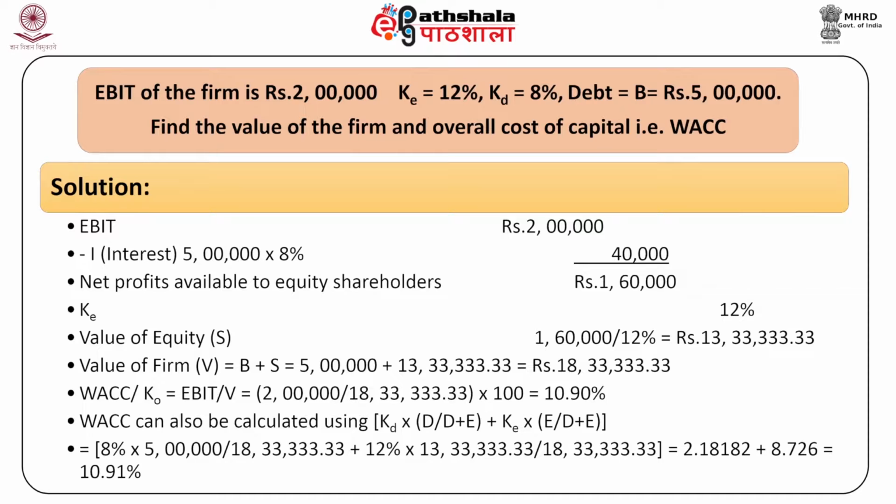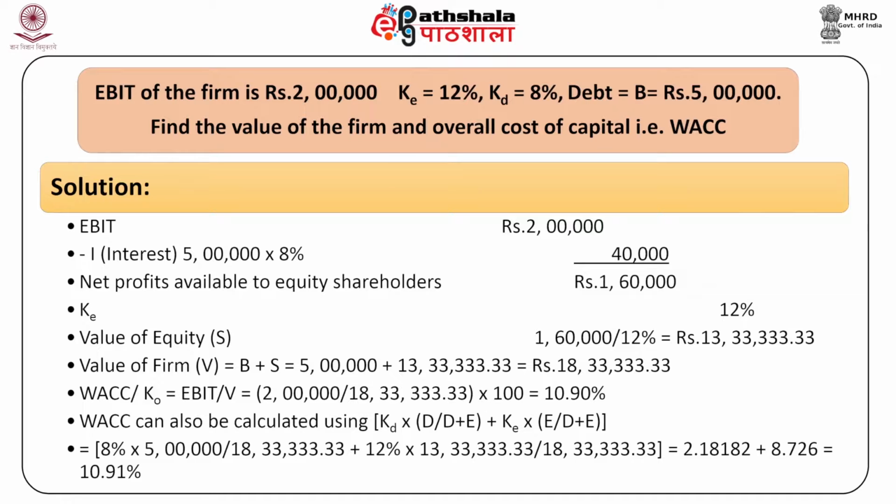18,33,333.33. Now WACC, that is KO, is equal to EBIT upon V. This is equal to 2 lakhs divided by 18.33 and odd, multiplied by 100, is equal to 10.90%.